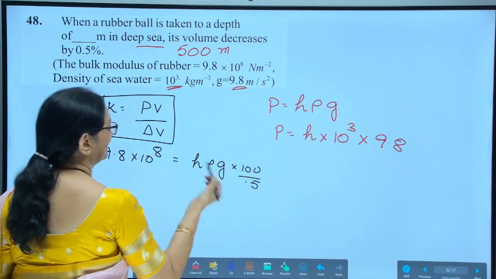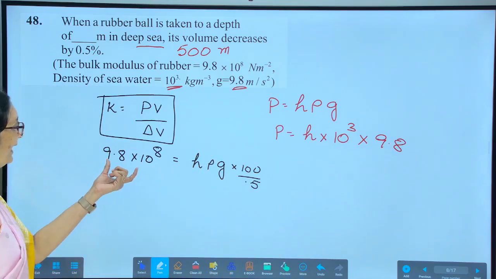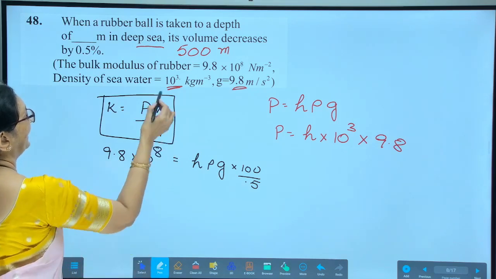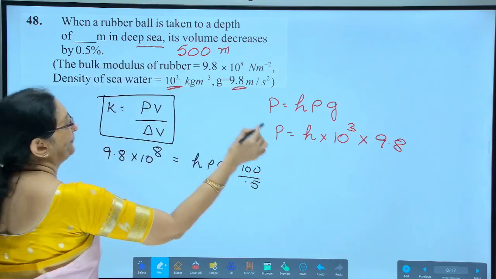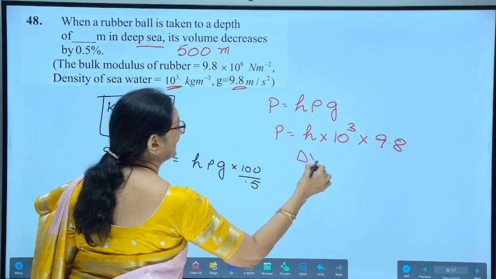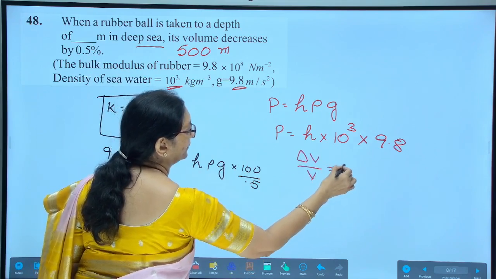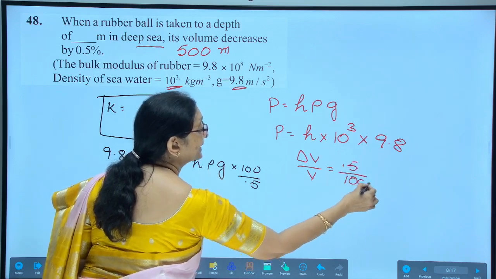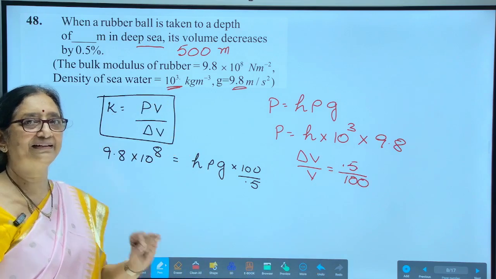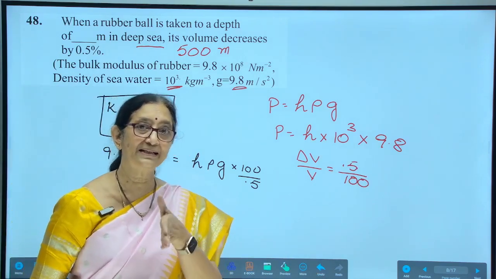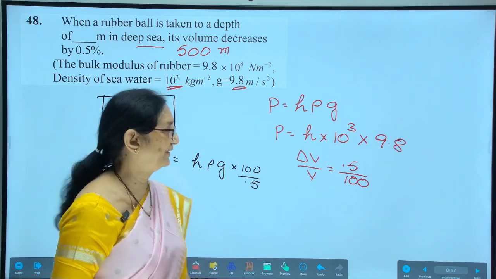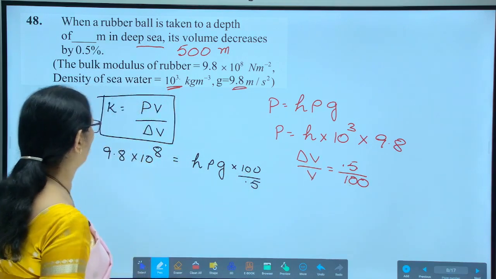So, just let us substitute that here. K is equal to P V by delta V. It decreases by 0.5%. Delta V by V is equal to change in volume is 0.5 if original volume is 100. That is the meaning, decreases by 0.5%. So, 0.5 by 100. Just let us substitute that value here.